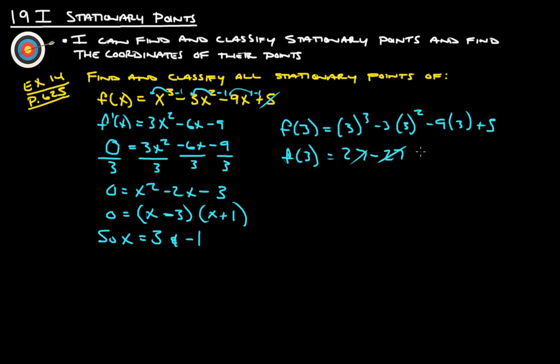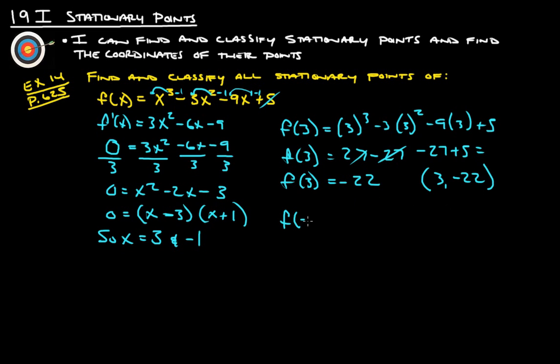So those get rid of each other. -9 times 3 is -27 plus 5 gives us that f of 3 is -22. So one of our stationary points is 3 and -22. We'll classify that here when we're all done.